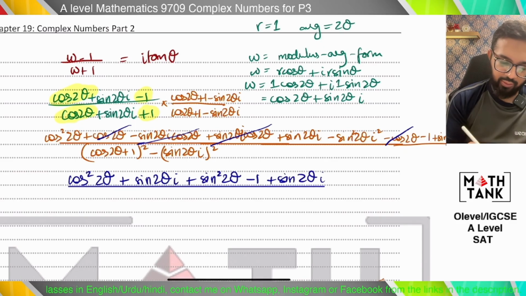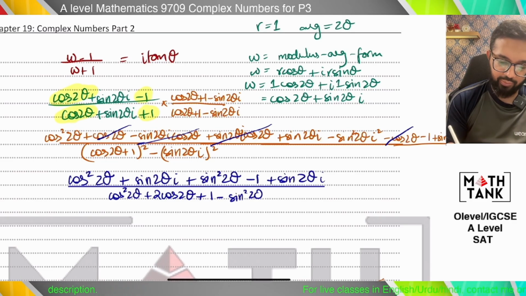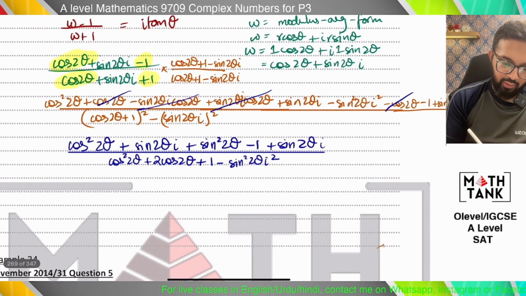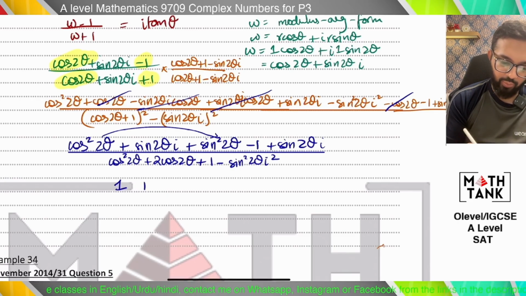And what's happening in the denominator? I have cos square 2 theta plus 2 cos 2 theta plus 1 minus sine square 2 theta i square. So I have cos square 2 theta plus sine square 2 theta. That should give me 1 minus 1 plus 2 sine 2 theta i.